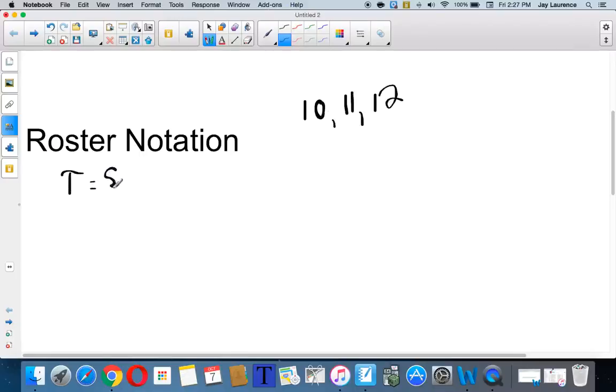I could call it anything. And I would include all the members that need to be in the set. I would just list them like a roster. So, there you go, roster notation. If I wanted the roster notation of seventh period, I would list all the names of the students in seventh period.